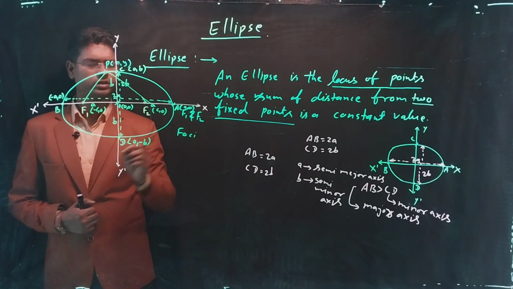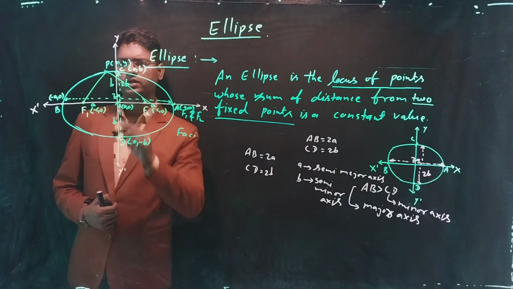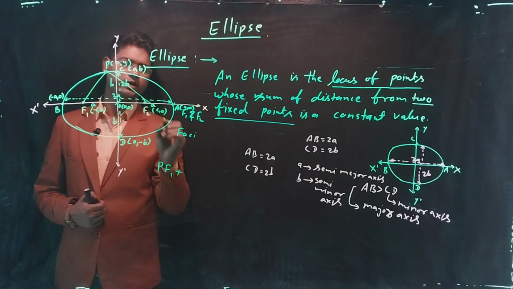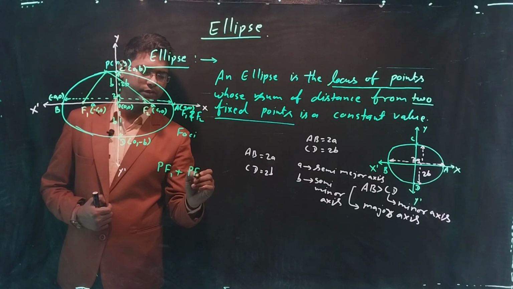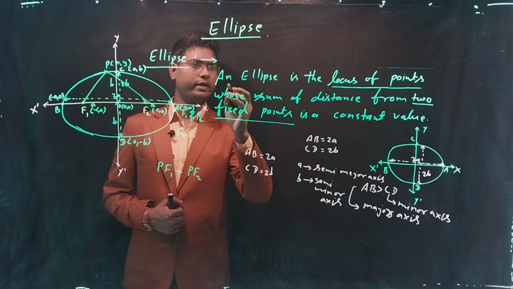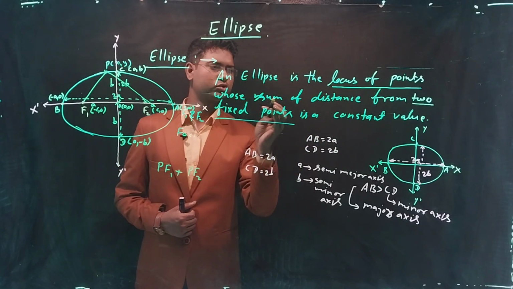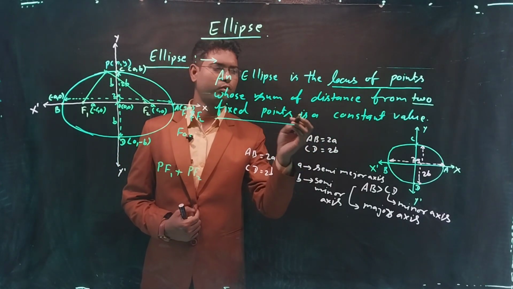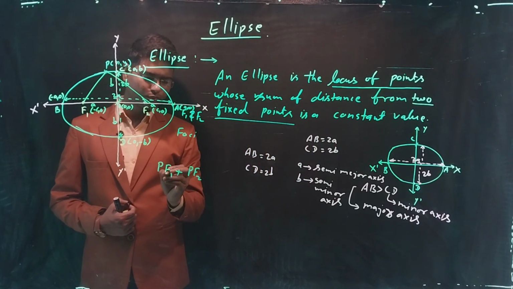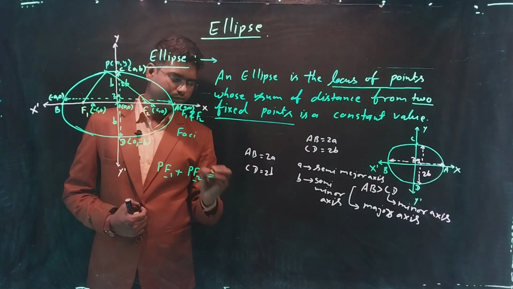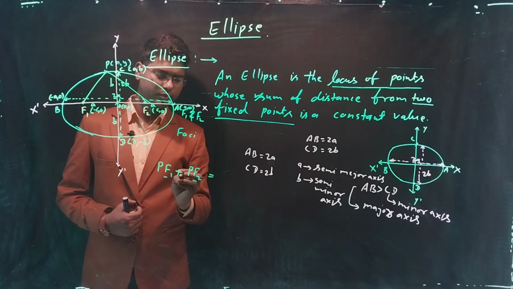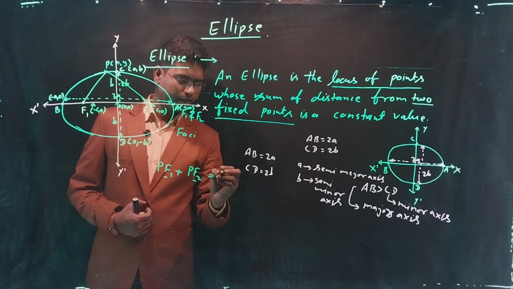PF1 plus PF2. An ellipse is the locus of a point whose sum of distances from two fixed points is a constant value. It means PF1 plus PF2 will be a constant value.